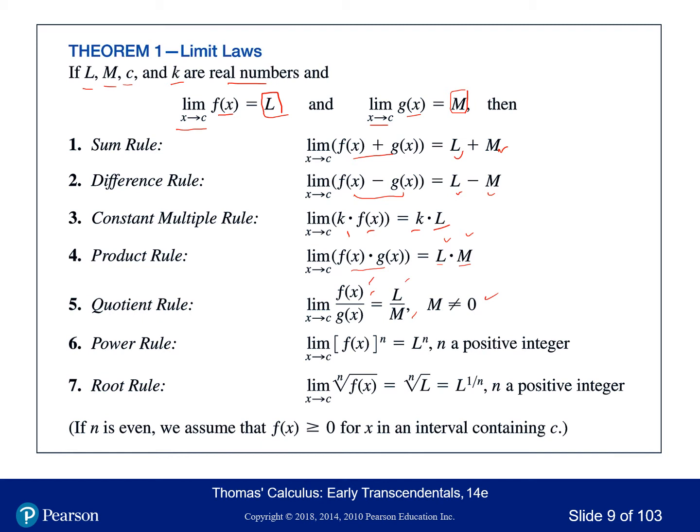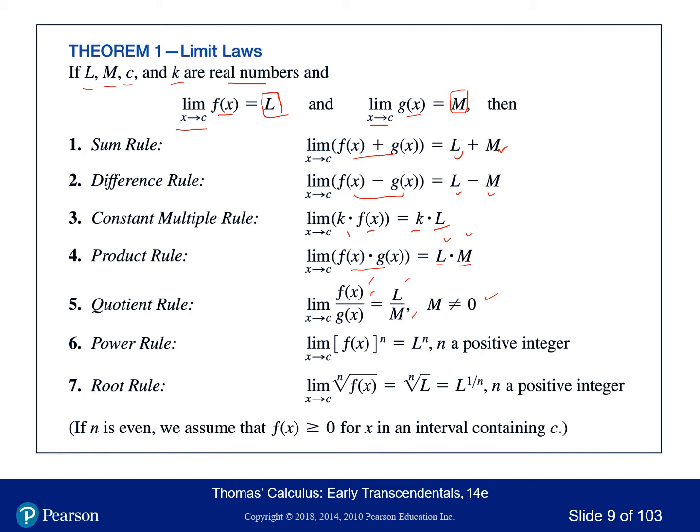Limit of a function f of x to the power n equals the limit of the function raised to the power n. Limit of the nth root of a function equals the nth root of the limit of the function.